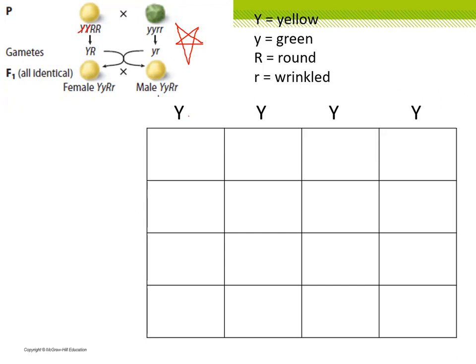Now I need to contribute my half of DNA for whether it's round or not. So I can see here that I have two dominant round genes as well. So no matter what, it's going to be two dominant genes passed on. And if I've done that, I've completed my first parent.